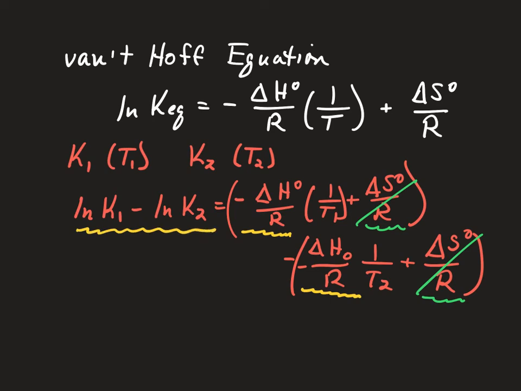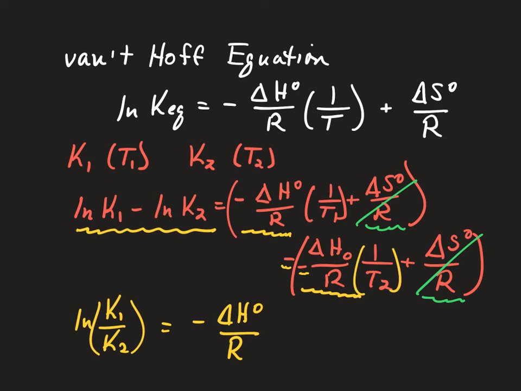So this is going to give us the natural log of K1 over K2 equals minus delta H0 over R. But since we brought the minus out with this minus, that's going to make this one plus, this one still minus.